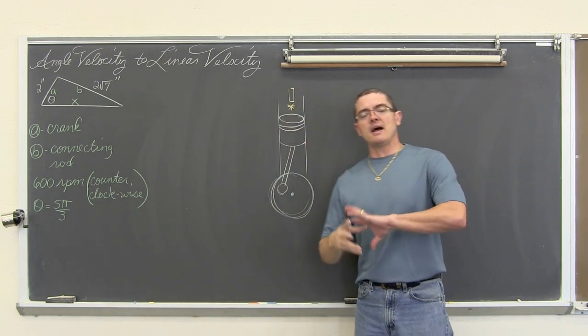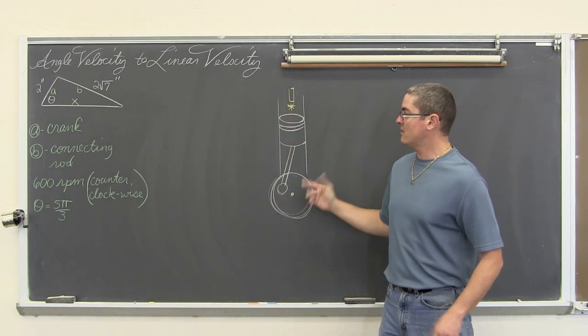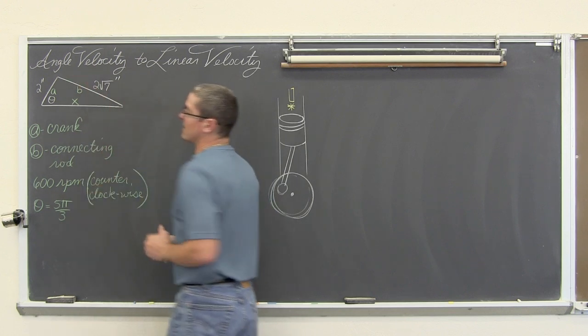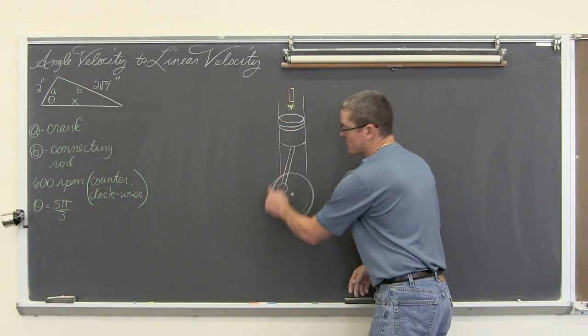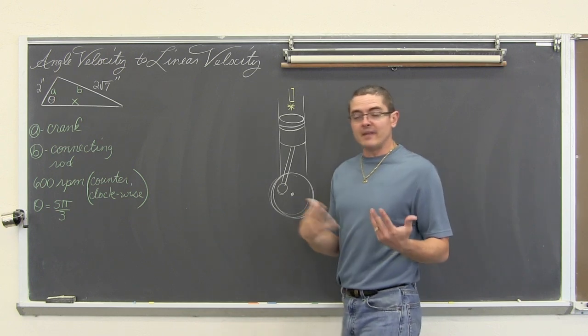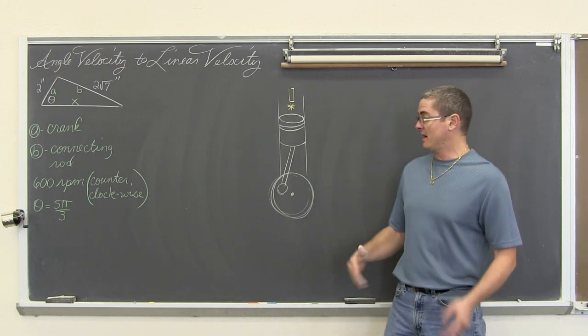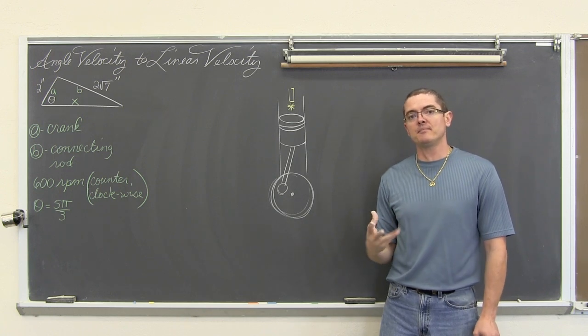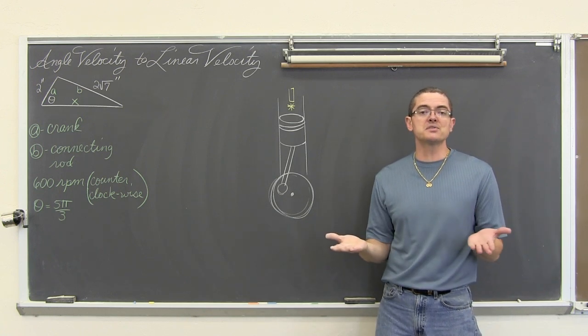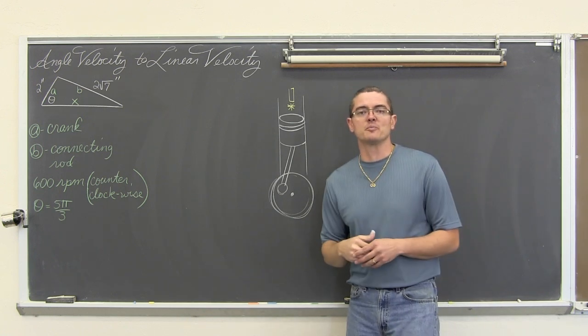Now I need to give you the actual position of the crank, or we're going to use this diagram here in a second. The angle is important because, as you have this rotational movement, that's a circular function, that's sine and cosine. If you were to track the path of this piston over time, that would be either a sine or cosine graph, depending on how you want to start the initial position.